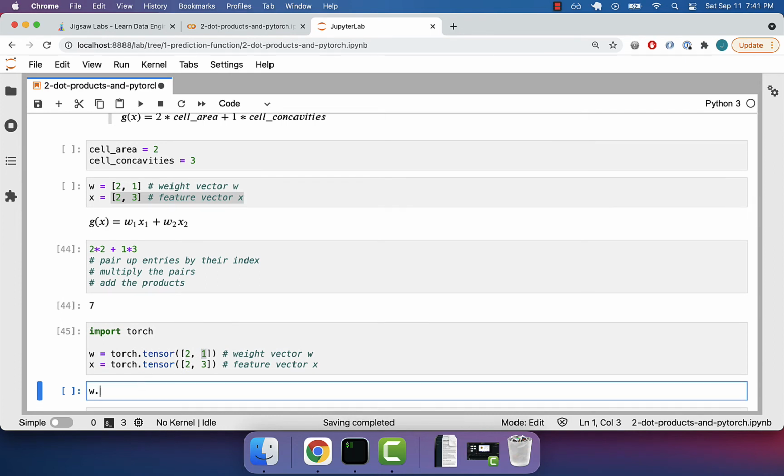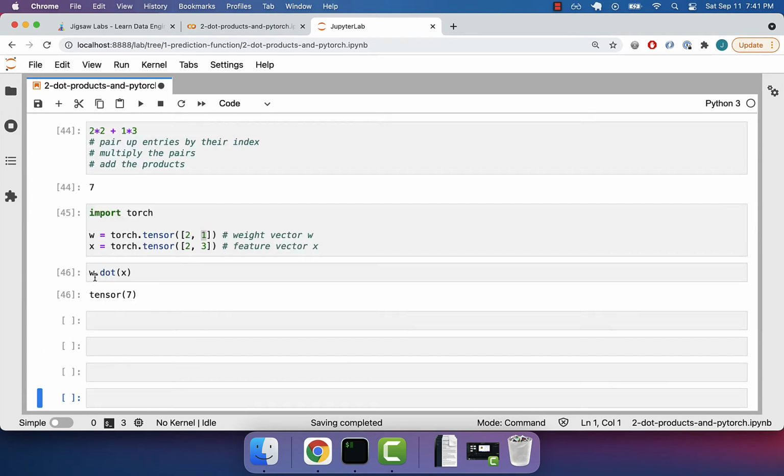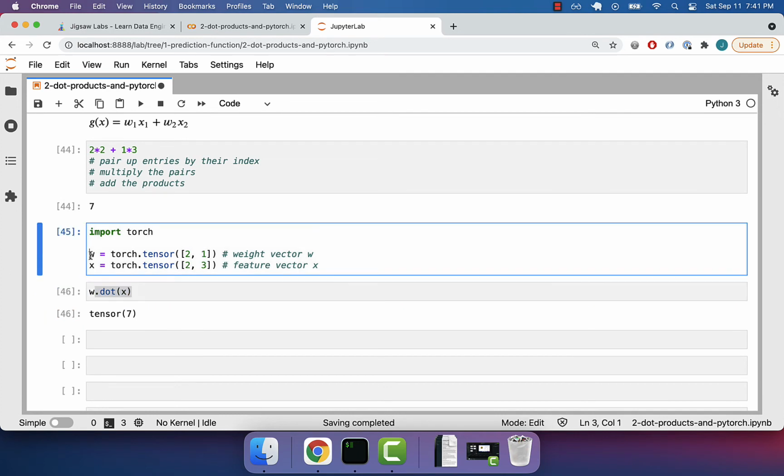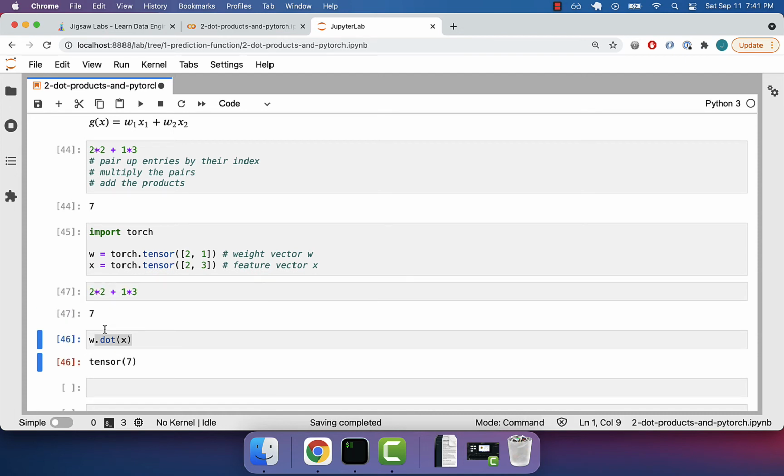If we just write W.X, we get back that same value of 7. So Pytorch for us is performing this process of pairing up the entries by their index, multiplying the pairs, and then adding it for us. Okay?